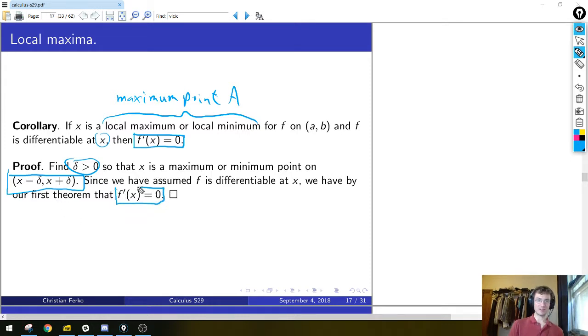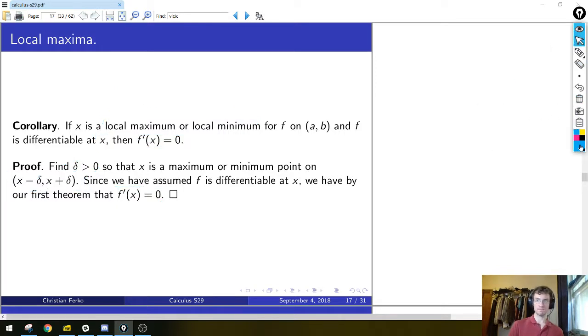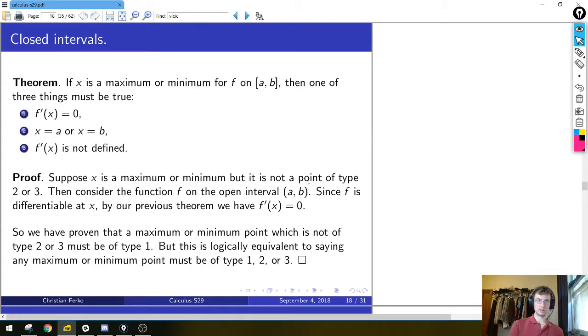So now we just apply that theorem, and f prime is 0. So very easy proof. The only step was converting this thing to an interval where it's not just a local max, it's an actual maximum point. Okay, questions on this? I have no questions. Cool.